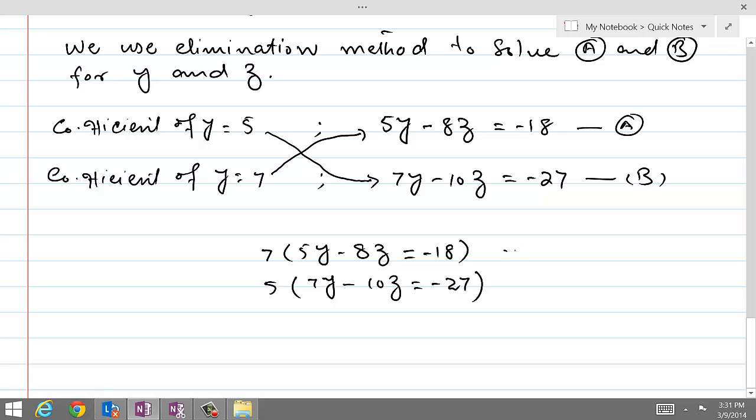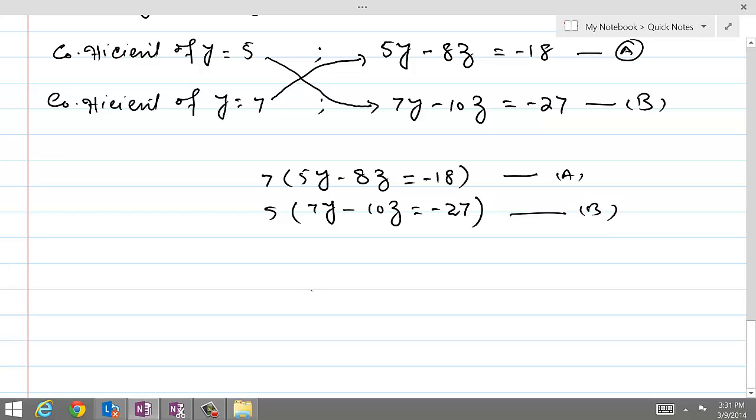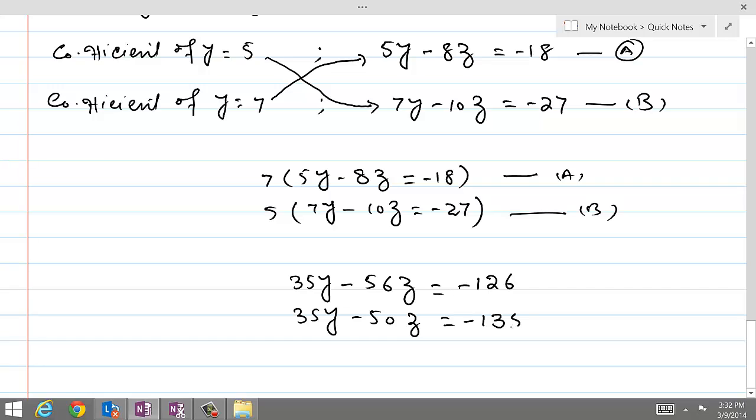So this is still equation A, and this is still equation B. Now the actual multiplication will give us 35y minus 56z equal to minus 18 times 7, that will give us minus 126, and the second will give us 35y minus 50z equal to minus 135.